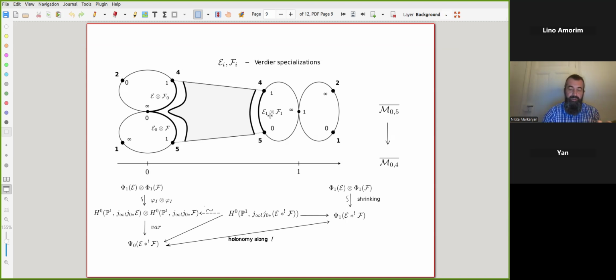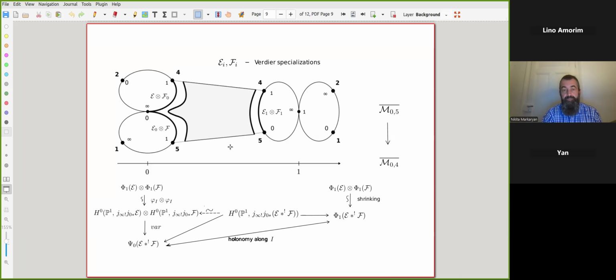It's like a local system with 3 singular points, and when it goes to this singular fiber, two points meet and we have only two singular points, which means these have an abelian monodromy. So this is the specialization.